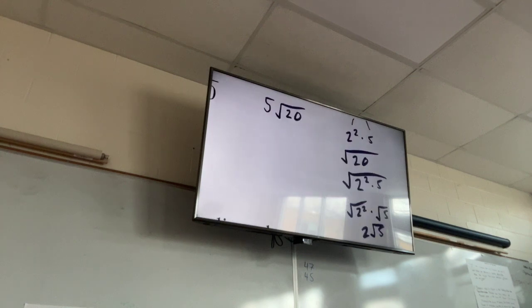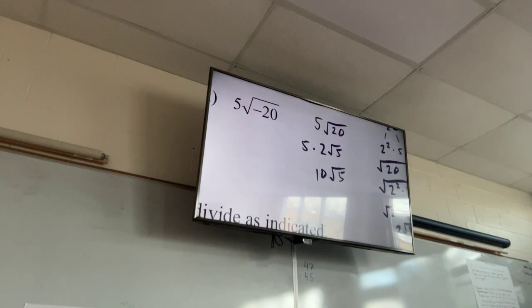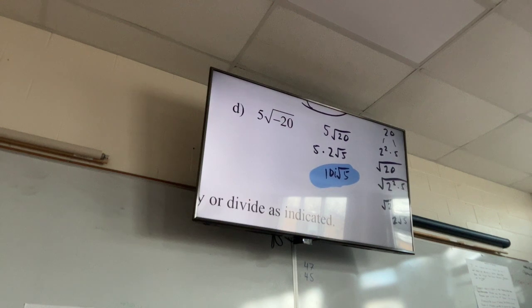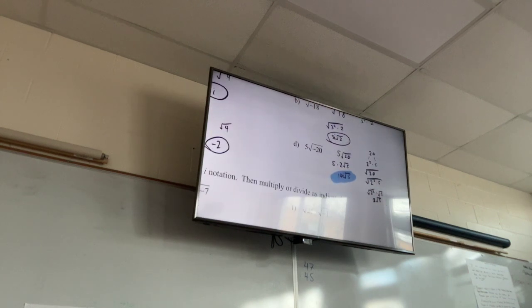So this is going to be 5 times 2 root 5, or just 10 root 5. Okay. And I tack on a what here? An i, right? And that's because my negative is inside my square root symbol. Okay? All right, so if it's inside, tack on an i. If it's outside, tack on a negative.